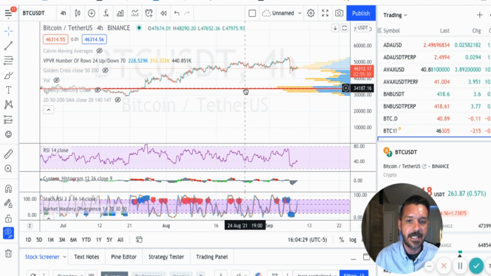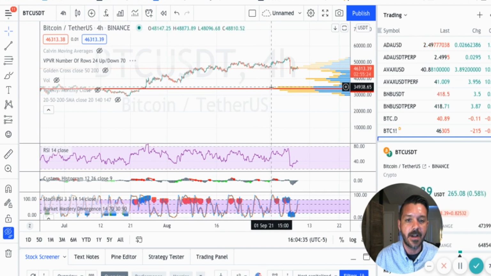And this red line here is called the point of control. And so the point of control is basically based on this time frame. I'm going to butcher the exact meaning of this, but I like to use it as, okay, this is a likely place for support where there's likely going to be some buy and or sell orders.